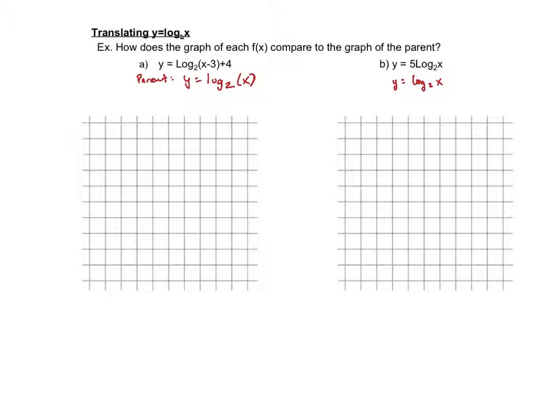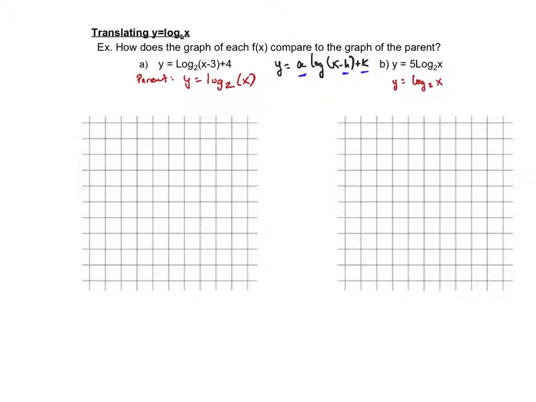And let's just think about some of the things that we know, that y is equal to a log of x minus h plus k. And we've learned in the past what these things do. H moves it left to right, k moves it up and down, and a will make it expand or compress, or reflect over the x-axis.